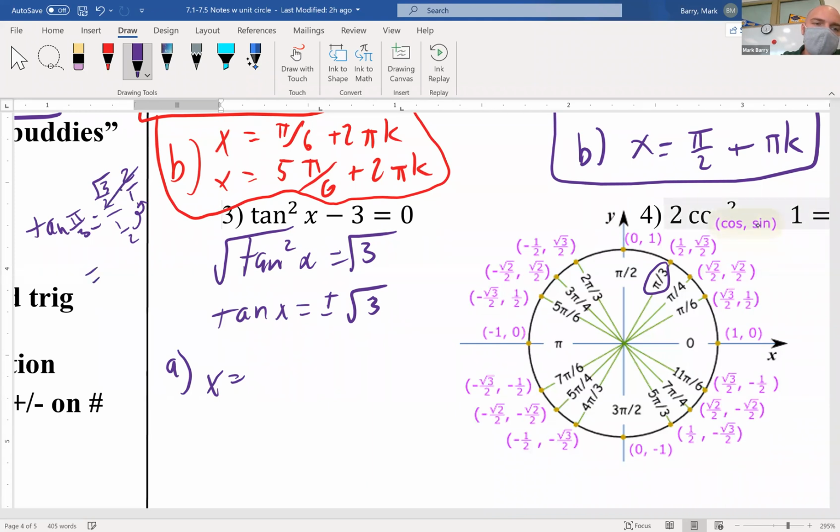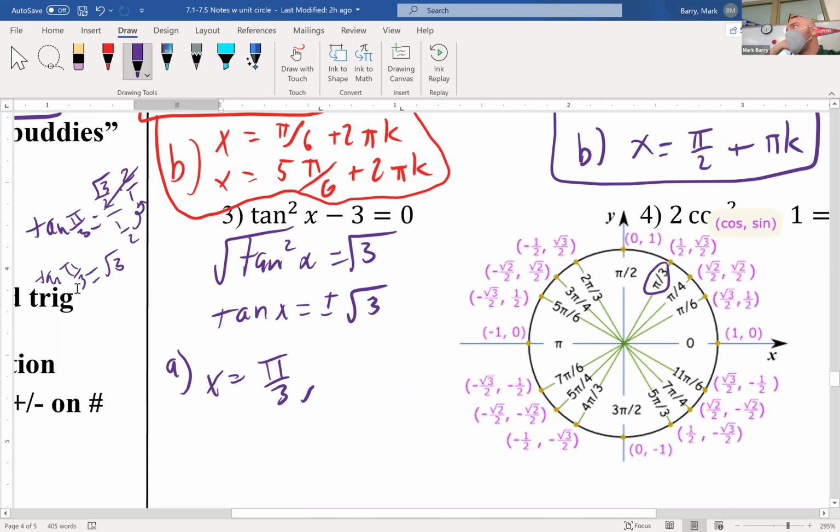And so tan of pi over 3 would equal rad 3, okay? So that is what we were looking for. We were looking for the tangent to equal positive rad 3 or negative rad 3, and we have found that at pi over 3. I wasn't sure if that was the spot, so that's why I did this little test. If I do y over x, will it come out to rad 3? We see it did, right?